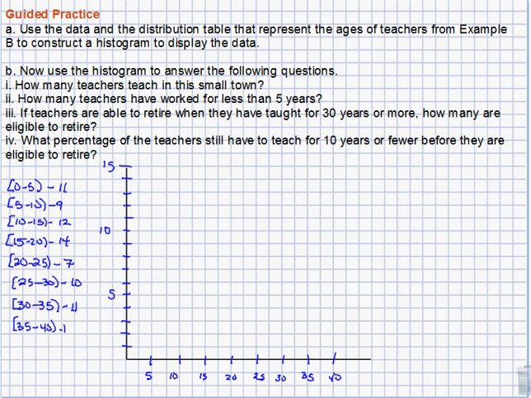Our rectangle going. And I have 11 here. I should have touched.